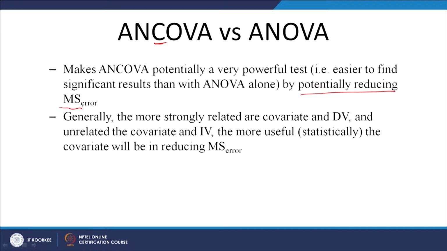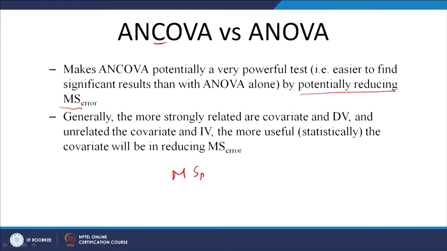Now, what is this MS error? I have already explained to you analysis of variance, in which I said 2 things: mean sum of square between the groups, and mean sum of square within the groups, which is also called mean sum of square error, right. So, in ANCOVA, if you select your covariate properly, it helps you to potentially reduce the mean sum of square within or error in a significant manner.